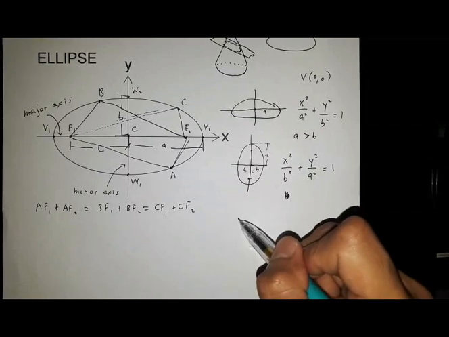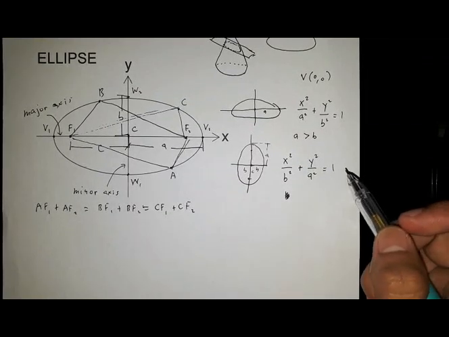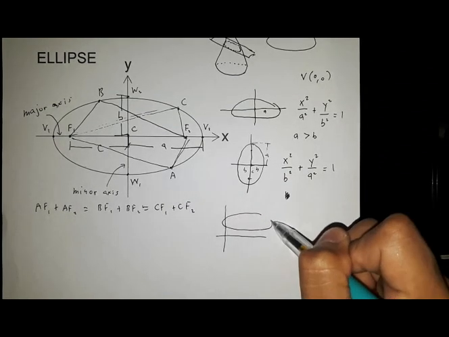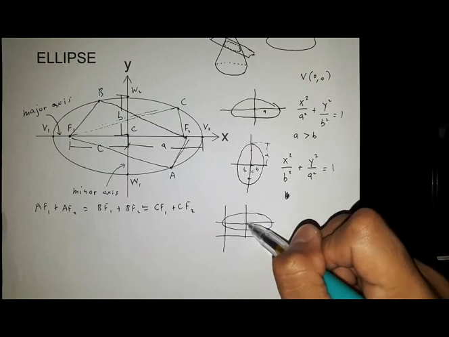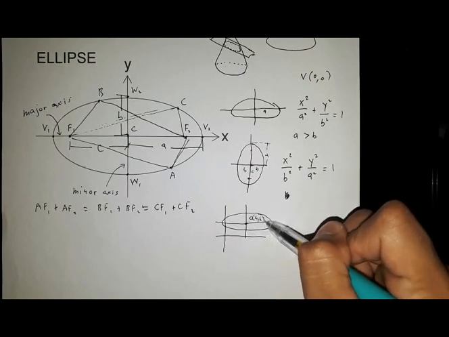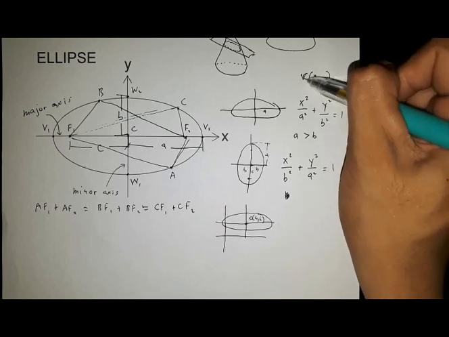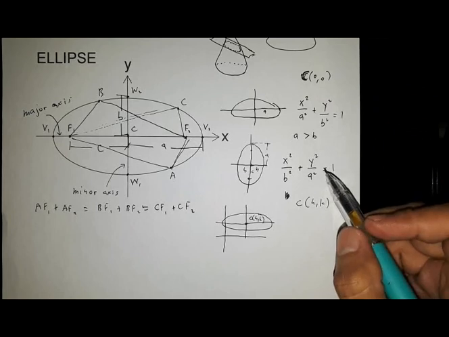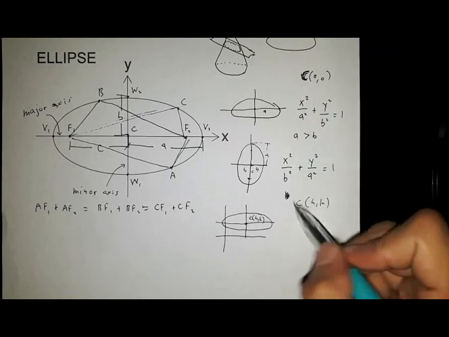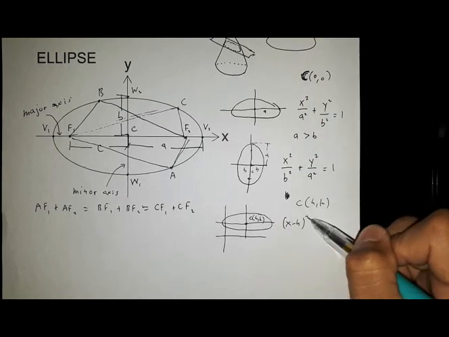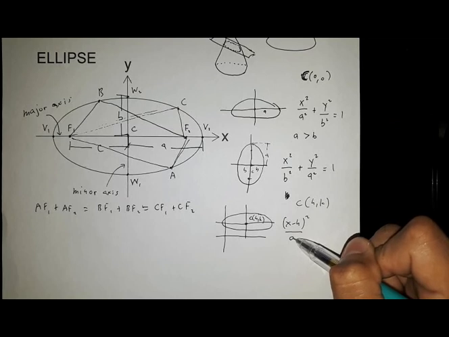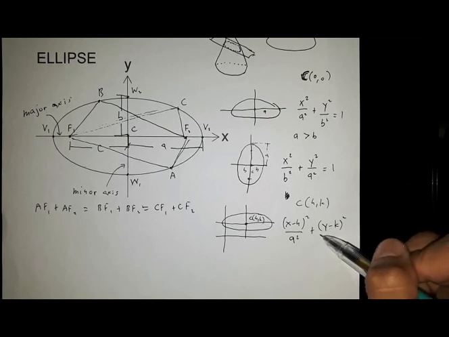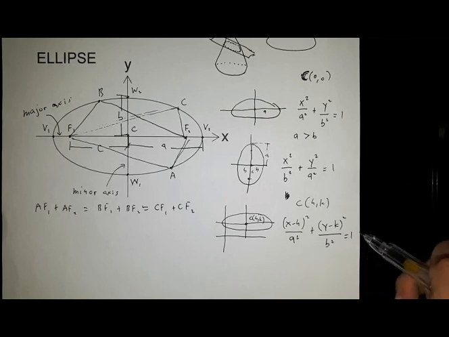Now, if you have an ellipse with center at (h, k), like this, so this is not vertex but center, you have the equation (x minus h) squared over a squared plus (y minus k) squared over b squared equals 1.